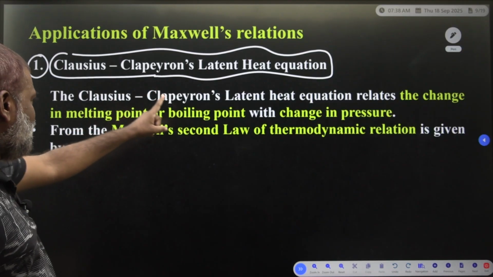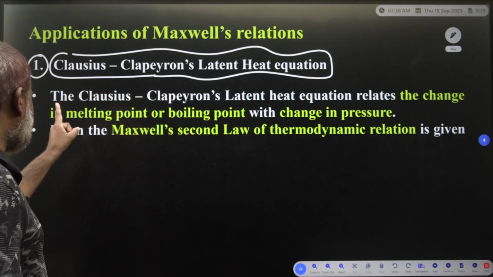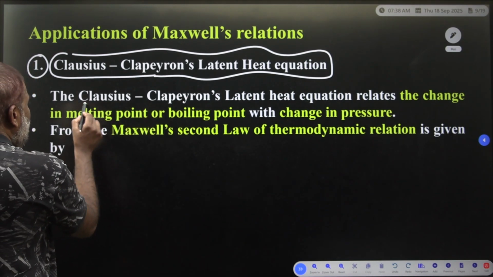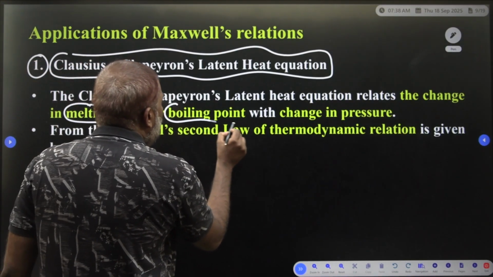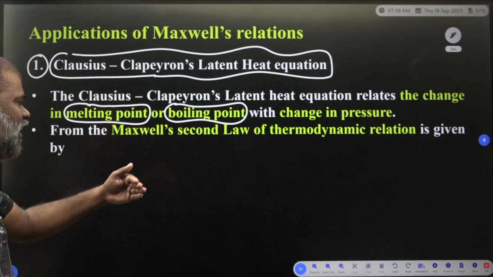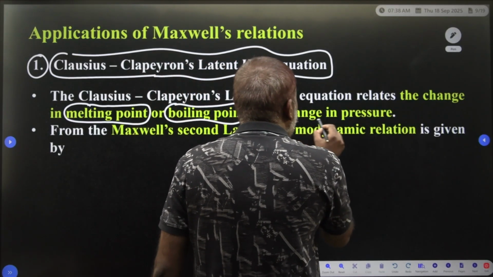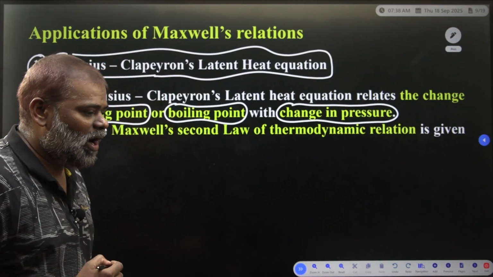The Clausius-Clapeyron latent heat equation relates the change in melting point or boiling point with the change in pressure. That is the Clausius-Clapeyron relation.